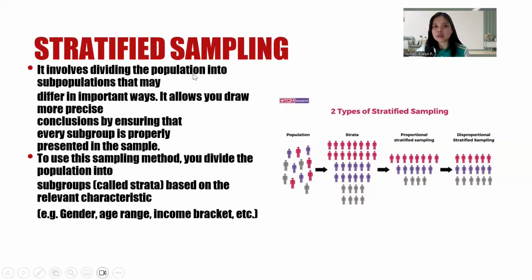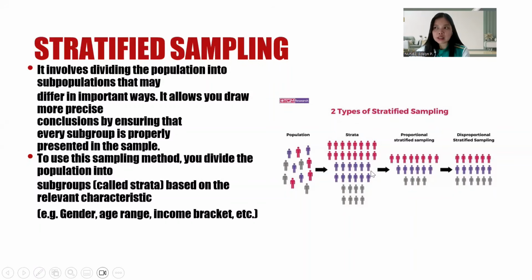It involves dividing the population into subpopulations. Here, this is the population, but it is divided into colors. We have 3 colors here: the violet, the pink, and the gray. It allows you to draw more precise conclusions by ensuring that every subgroup is properly represented in the sample.